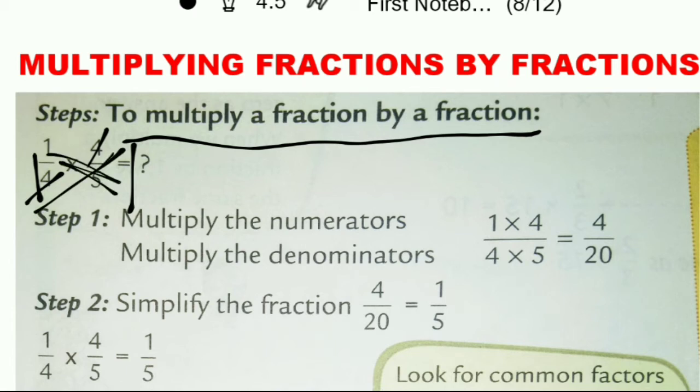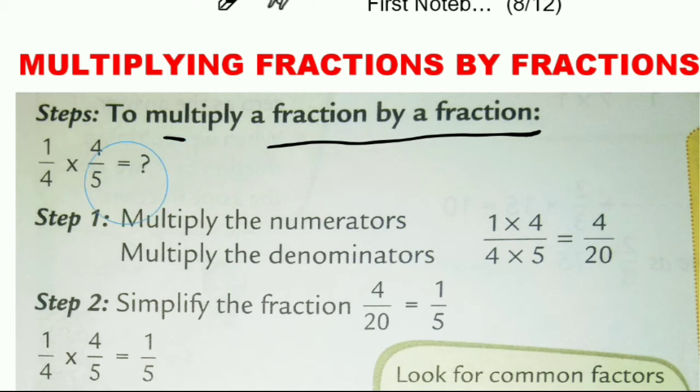It can be between numerator and denominator. It cannot be cancelled up to up and down to down. That is wrong. So here the simple way is to multiply also. 4 ones are 4, 4 fives are 20. 4 upon 20 equals 1 by 5.